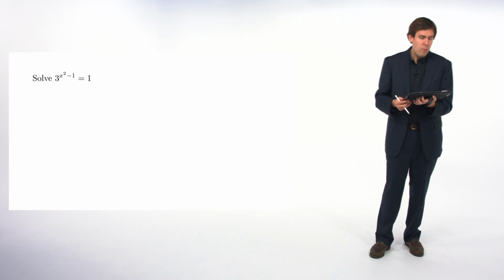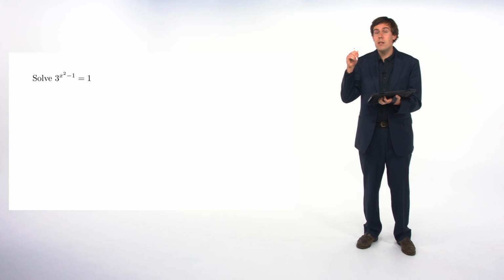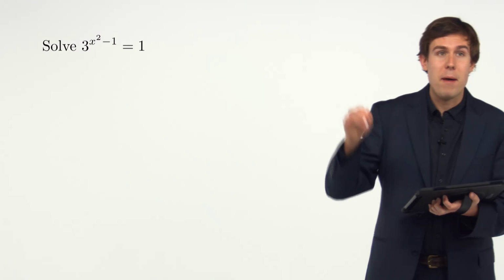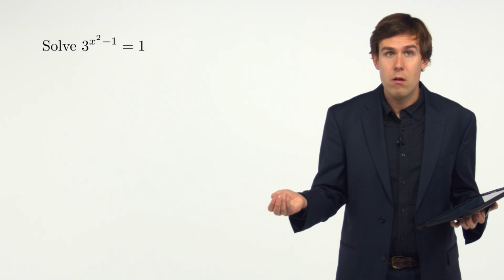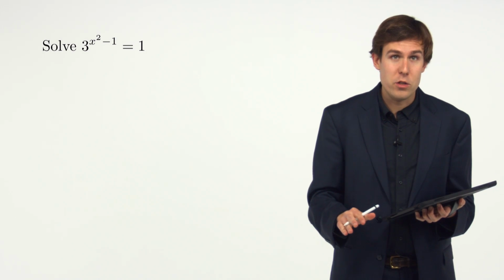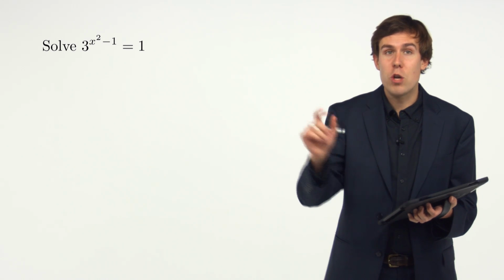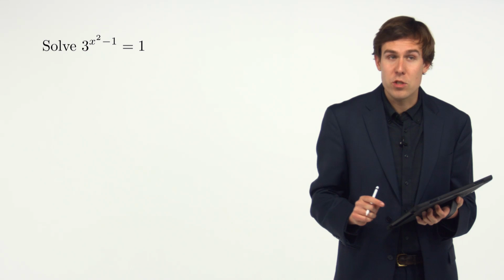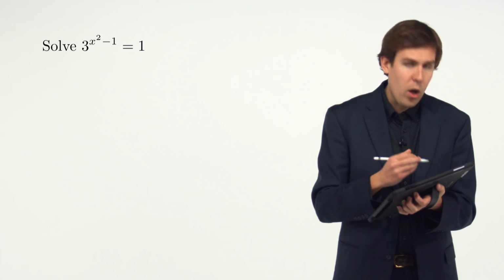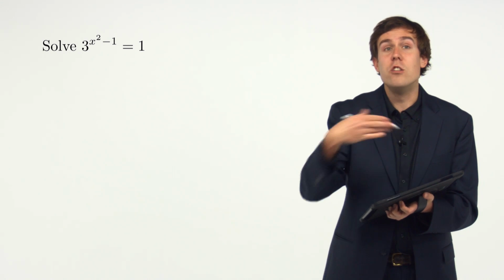So here's one. We have an exponential equation. 3 to the power x squared minus 1 should be equal to 1. Okay? I think this is very, very difficult to try and just guess your way to the solution. Okay? What we want to do is use our properties of logarithms and exponentials to solve this. So recall that logarithms and exponentials undo each other.